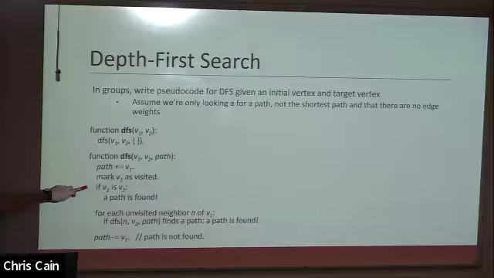If the source and destination are different, for every unvisited neighbor of the source, we're going to recursively call DFS on each unvisited neighbor. So now the source is going to be one of the unvisited neighbors. The destination is still the destination. And the path that we've seen so far is the path that we found.